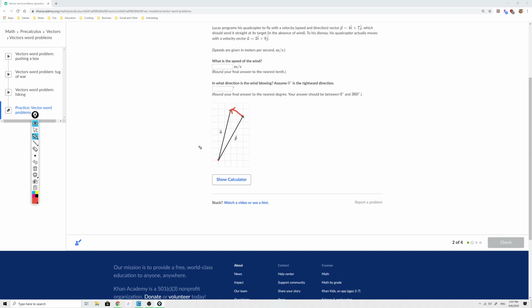And on a lot of these vector word problems, you can see I'm on number 2 out of 4. I did a previous example to get to this one. What you're going to have to do is draw this sort of picture. Now, this would be really small if I tried to draw it, so I'm going to draw it a little bit bigger over here. So here is the wind vector, and we have to analyze this wind vector.